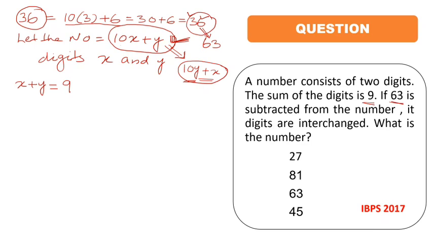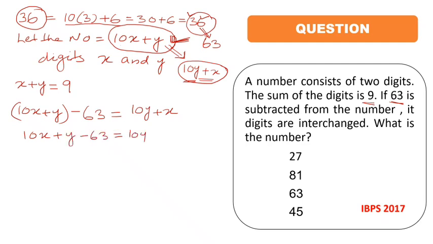So when 63 is subtracted from the number, the digits are interchanged. That means from 10x plus y, our original number, if you subtract 63, the new number you get will be 10y plus x. So here you can write 10x plus y minus 63 is equal to 10y plus x. Let me take this 10y and x to the other side.